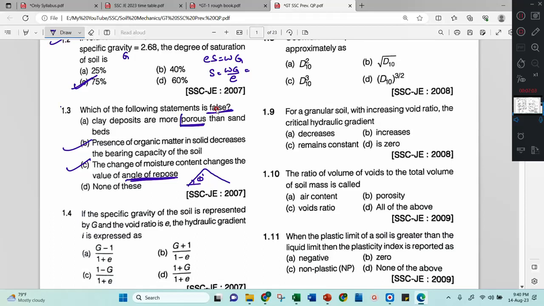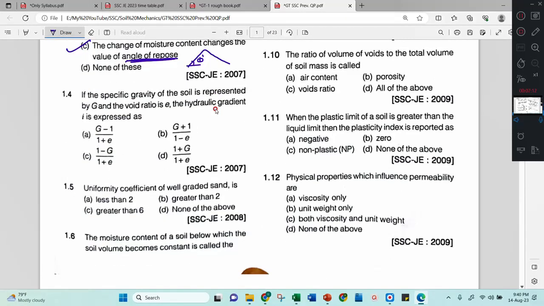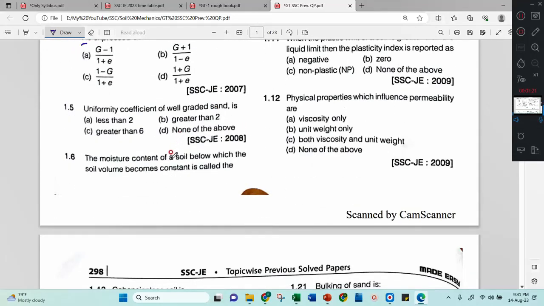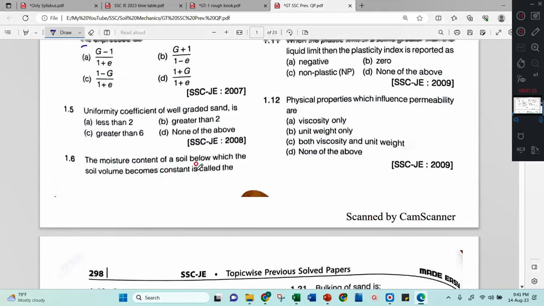No, this is a wrong answer. Therefore, this is the false statement. Next, the specific gravity of the soil is represented as G, void ratio e, hydraulic gradient i. Not covered till now. We'll skip.